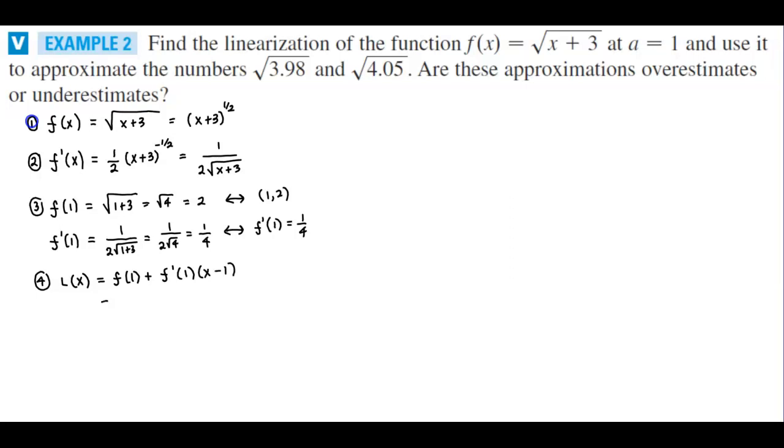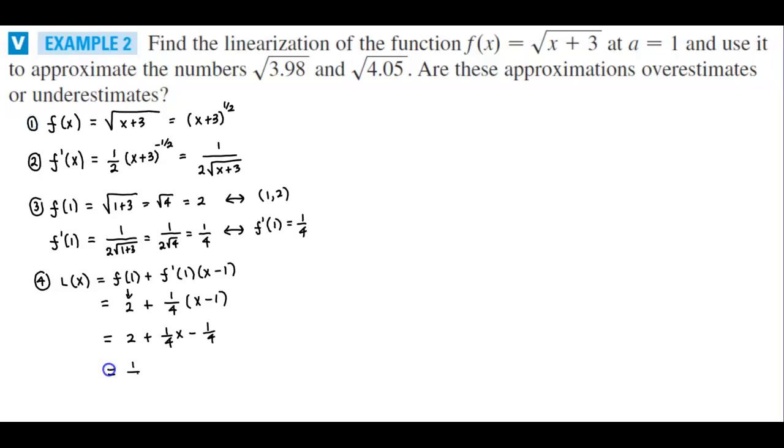So let's go ahead and substitute our numbers. We know f of 1 is 2, plus we know f prime of 1, which is the slope, is 1/4, times x minus 1. So we end up getting 2 plus 1/4 x minus 1/4.